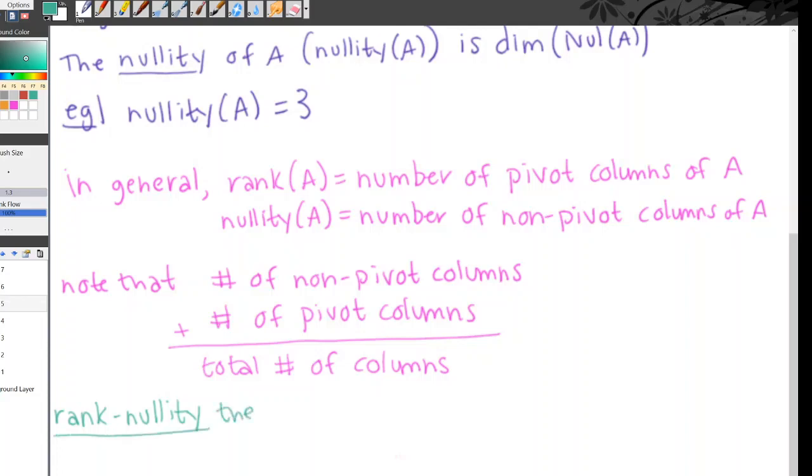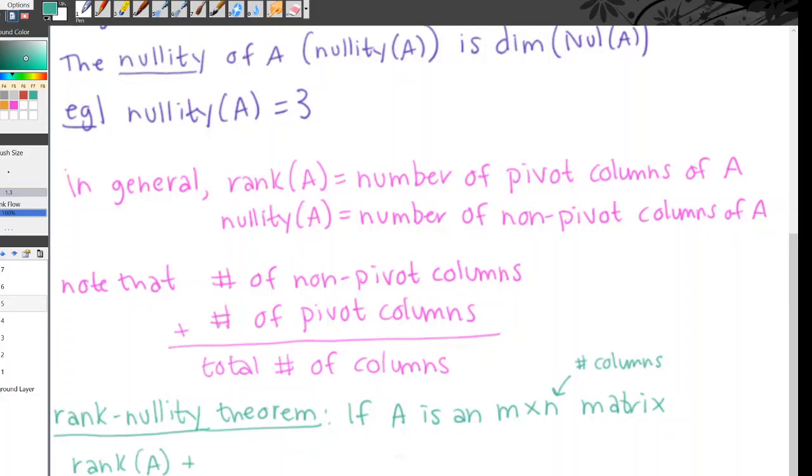The rank nullity theorem says that if A is an m by n matrix, remember when you say m by n, m is the number of rows and n is the number of columns, then if you add up the rank of A and the nullity of that same matrix A, the total is always going to be equal to that total number of columns.